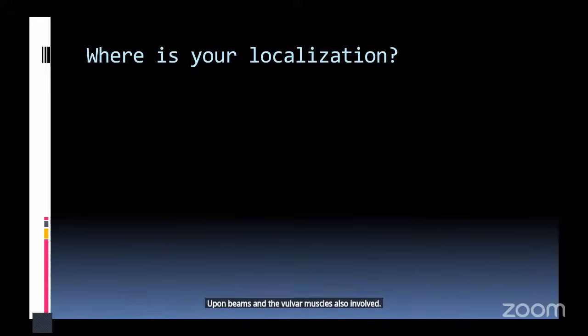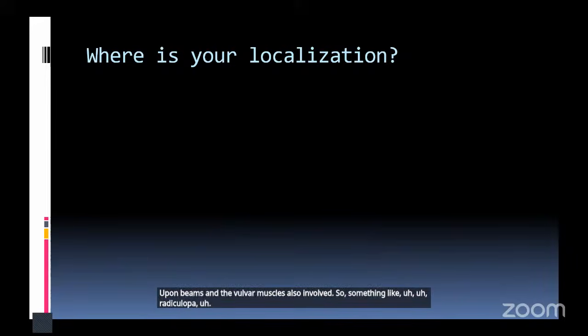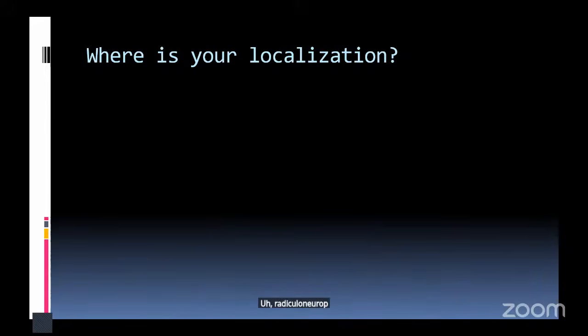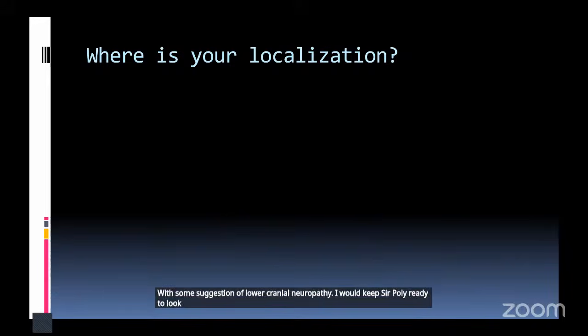So, something like a radiculoneuropathy in a patchy fashion, with some suggestion of lower cranial neuropathy. I would keep polyradiculopathy, or as the first possibility, a sensory-predominant CIDP before a myelopathy.